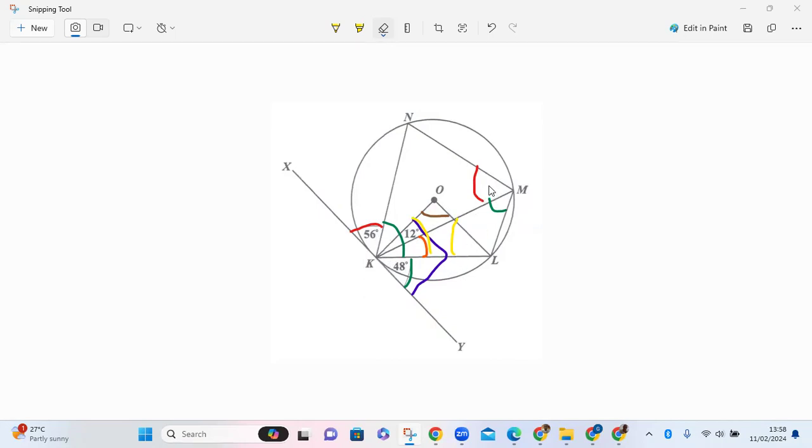So just add 56 and 48, and that will give us 104, and that will give us LMN. Or another way, which is a little bit longer, you add the 56 and the 48, subtract it from 180. So you're going to get NKL, and then you're going to subtract that answer from 180 again, from cyclic quadrilateral, opposite angles are supplementary. You will bring it back to the same 104 degrees.